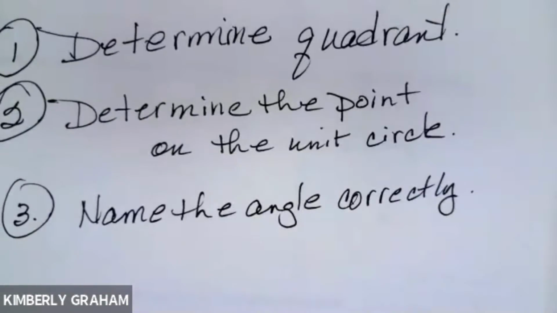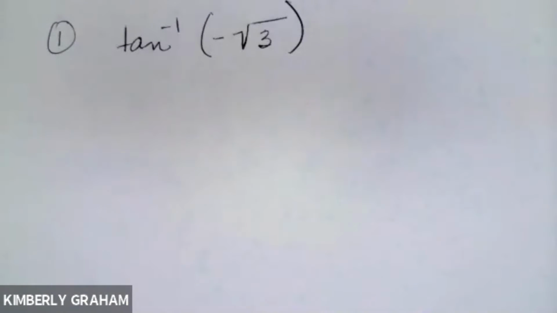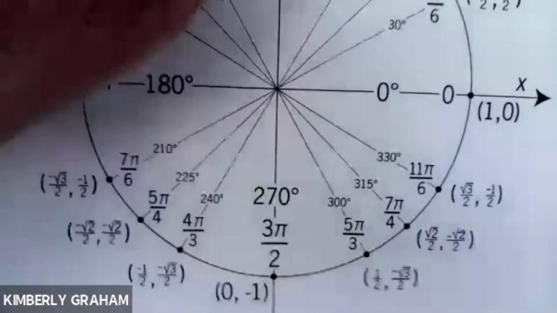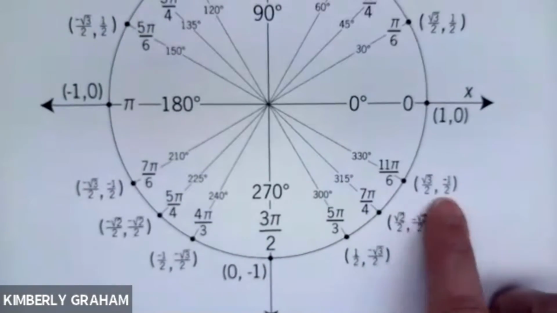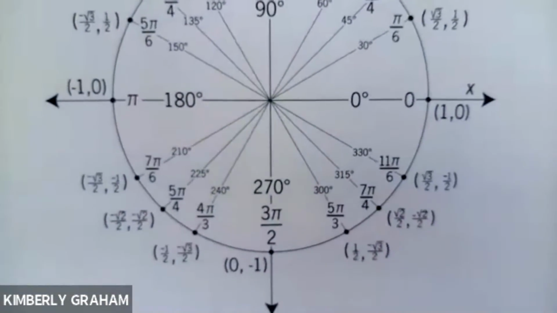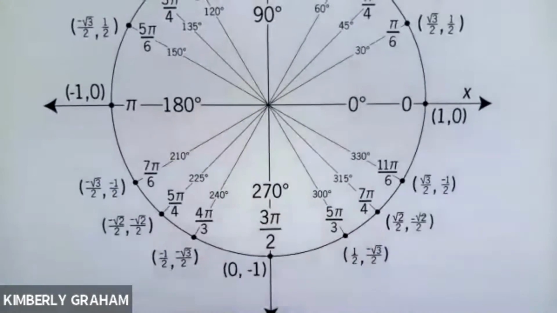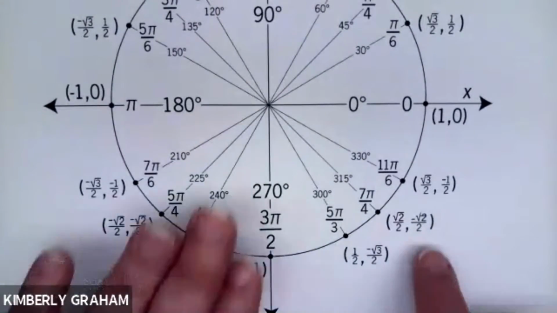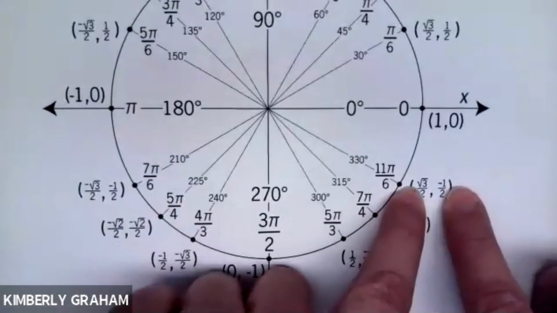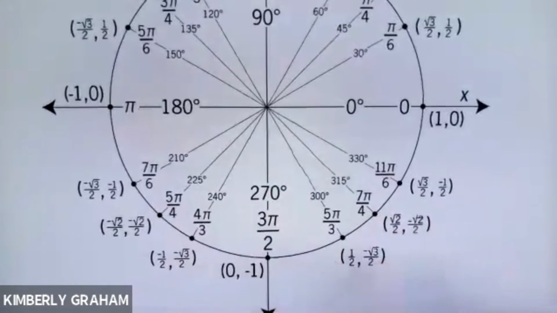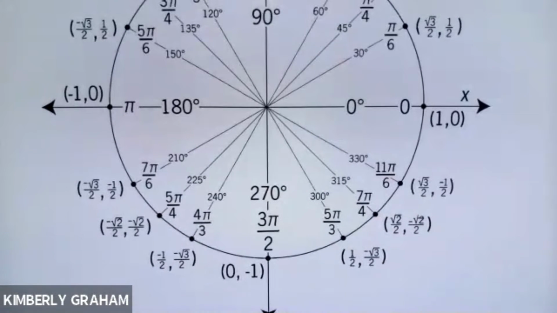Now I need to determine exactly what point or angle I'm on my unit circle. Well, unlike sine and cosine, I can't just look at these points here and automatically figure out a tangent. So I could do sine over cosine, or y over x, and see which one equals negative square root of 3.